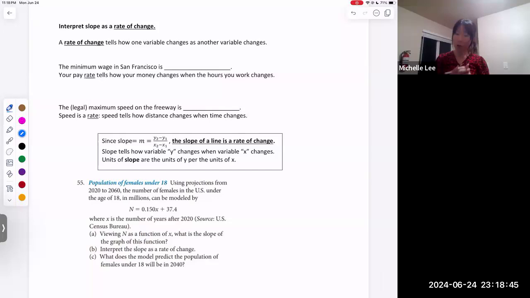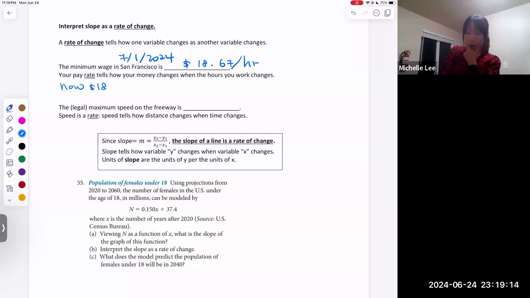So the minimum wage in San Francisco, I Googled it. July 1st, not yet, right? Today is June 24th. So July 1st, 2024 it is $18.67 per hour. So currently we have $18.07.